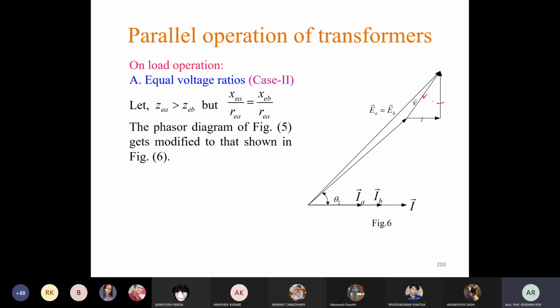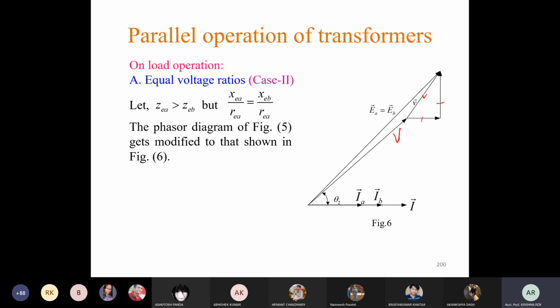They are equal as we have seen. So if this drop is added to terminal voltage V, you will get EA and EB. This IA and IB both make the same angle with the voltage, but their magnitudes are not the same.